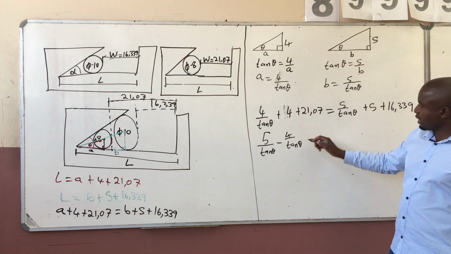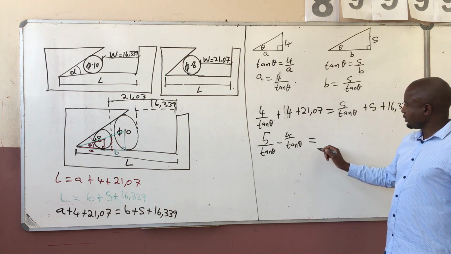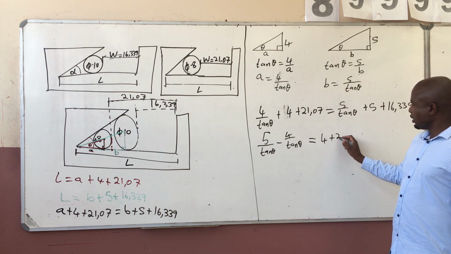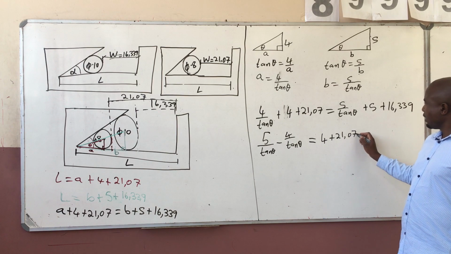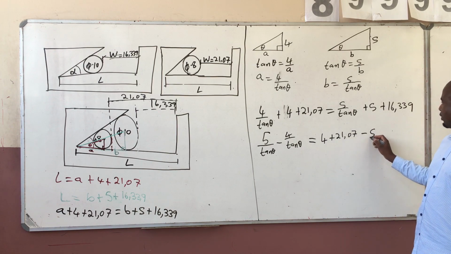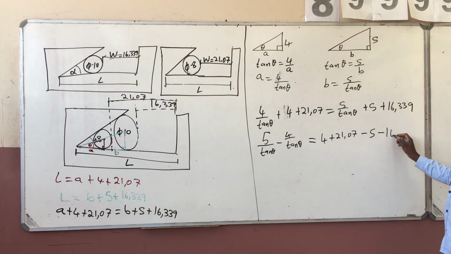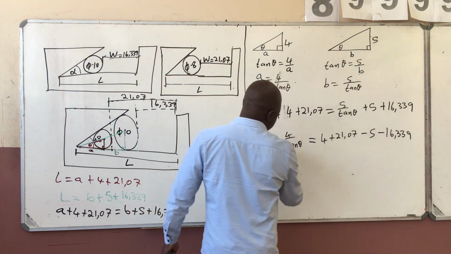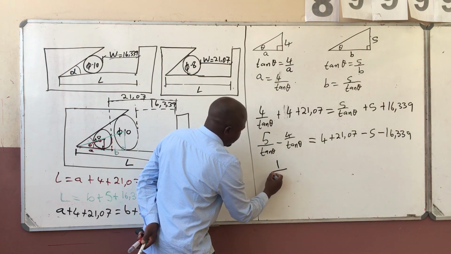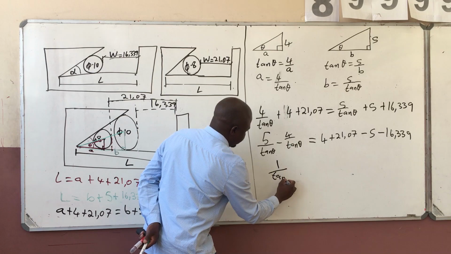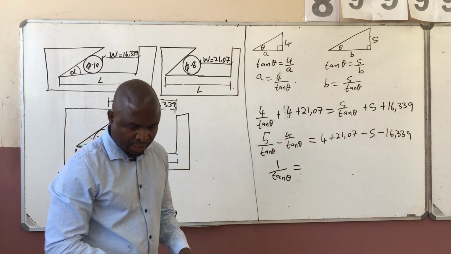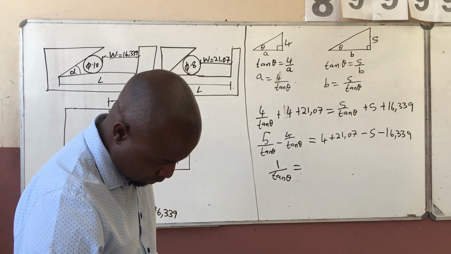Transposing the other terms to the other side, it will be 4 plus 21.07 minus 5 minus 16.339. So here I will have 1 over tan theta is equal to this other side. When I calculate, what do I get?